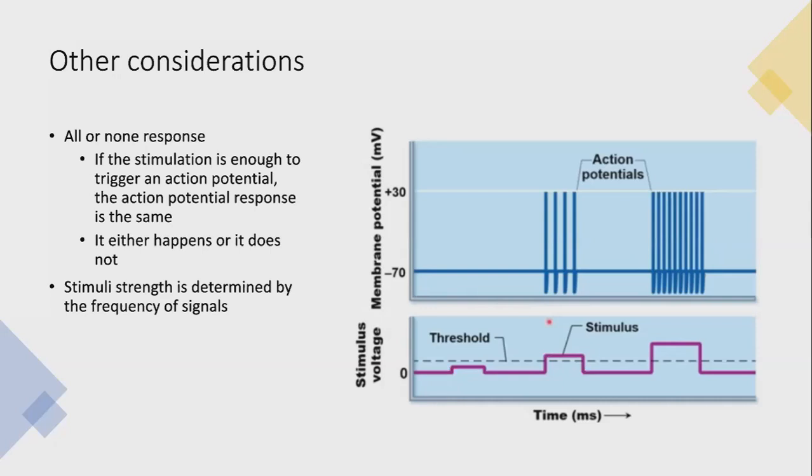That second stimulus does have enough voltage to cause an action potential, so it causes a few action potentials. And then again, the stimulus is a stronger stimulus, so it's going to be creating more action potentials, but they're the same millivolt change that you're going to be seeing.